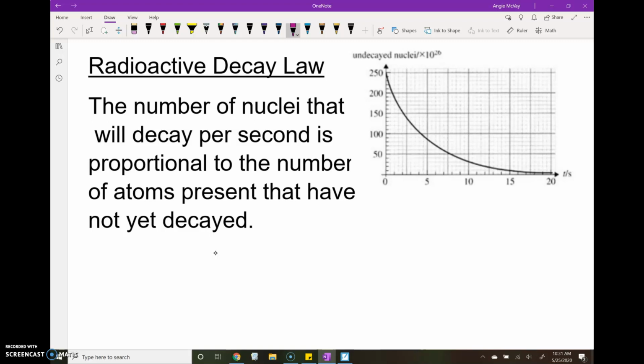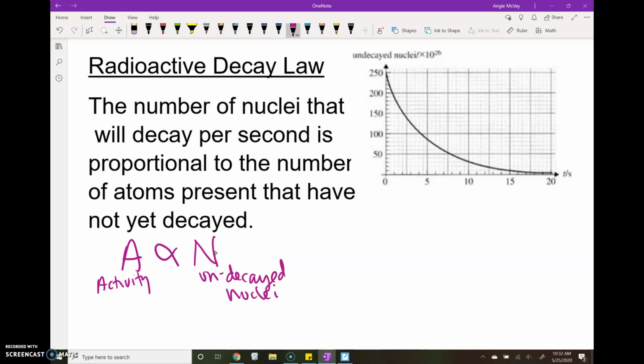So to write that in symbol form, the number of nuclei that will decay per second, the activity, is proportional to the number of atoms present that have not yet decayed. It's the number of remaining parent nuclei. Activity, and then undecayed nuclei.